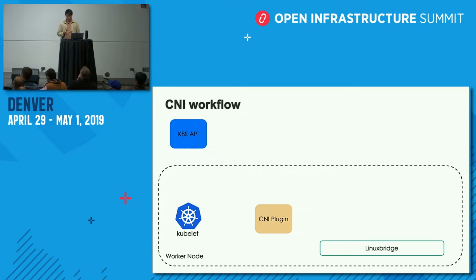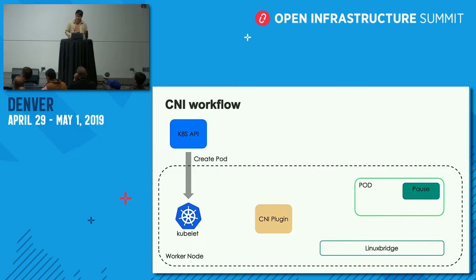In the worker node, Kubernetes works as an agent that accepts commands from the controller and does the jobs. So when the Kubernetes API wants to create a pod, it will send the request to the Kubernetes agent on the worker node. After getting the command, Kubernetes will firstly create the pause container and then inform the CNI plugin to create and configure networking for the pod.